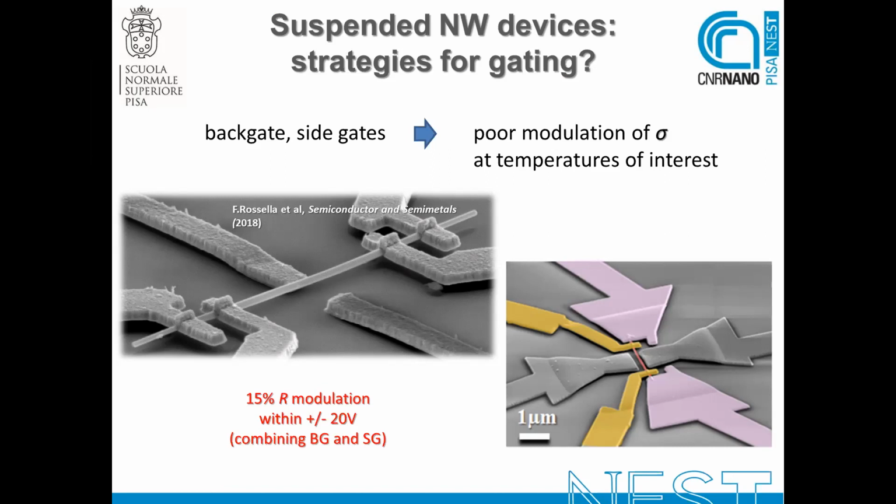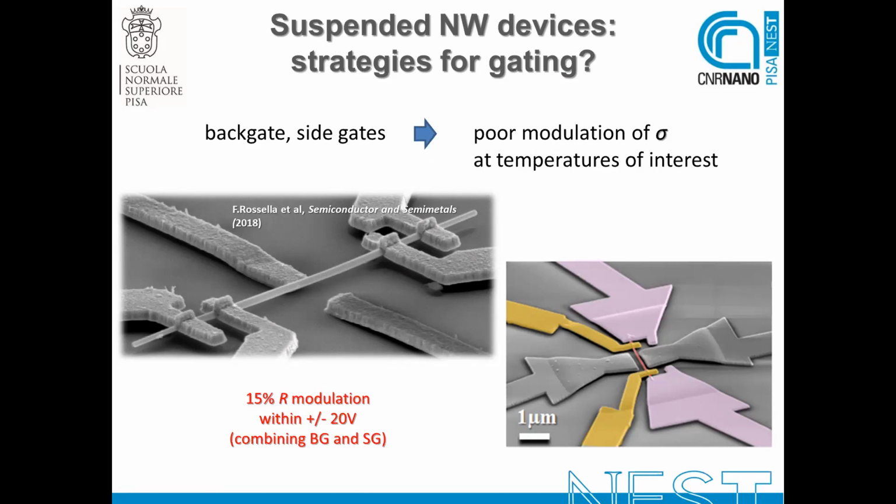We tried to play with a combination of backgate and even side gates, realized with metallic electrodes fabricated in the very close proximity of the nanowire. We played using together the three or multiple gates, but what we got, and what is expected, is a poor modulation of the electrical conductivity in the nanowires.